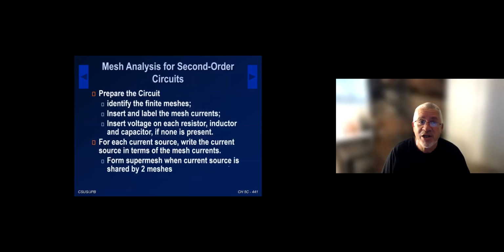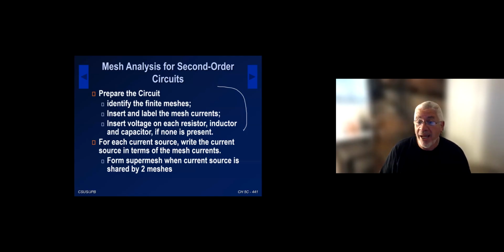If we're doing mesh, which is a counterpart of nodal, again we prepare the circuit in mesh as well, but our preparation is to identify the finite meshes, and insert and label mesh currents in those finite meshes. Then we insert voltages on passive elements, resistor, inductor, and capacitor, if none is present. If you already have a voltage somewhere, don't insert another one, okay?